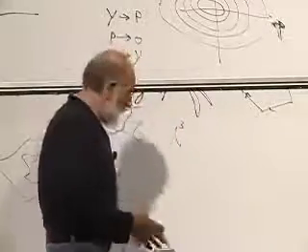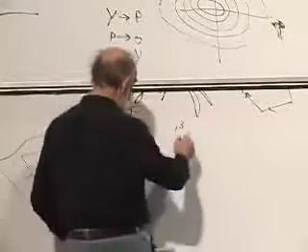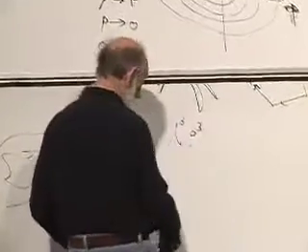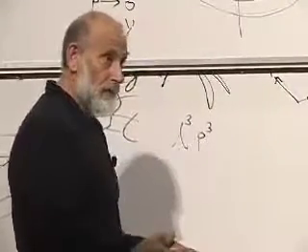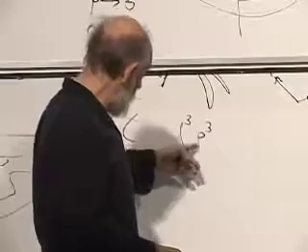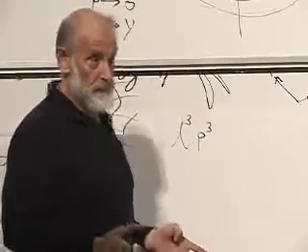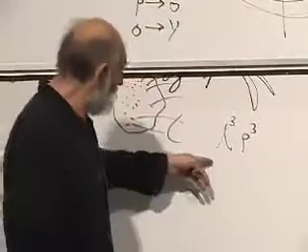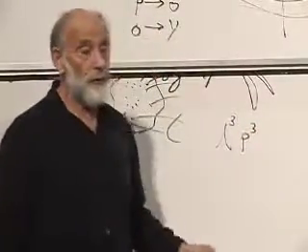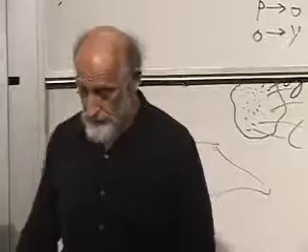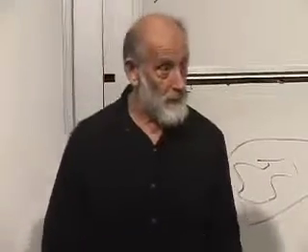A volume in phase space has units of length cubed times momentum cubed. It's a six-dimensional little volume element, and length times momentum is called action. So length cubed times momentum cubed is action cubed. So it's volume in phase space, not volume in ordinary space.